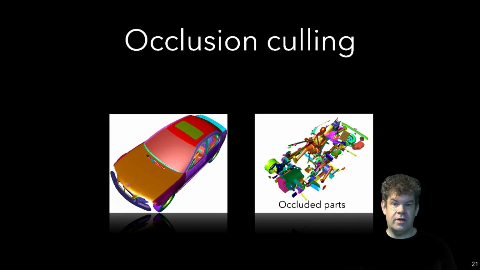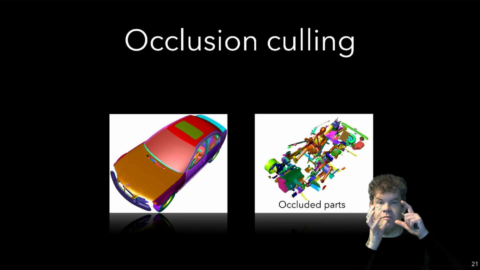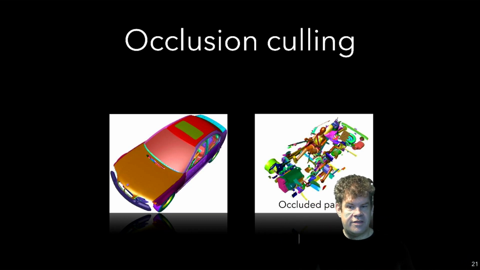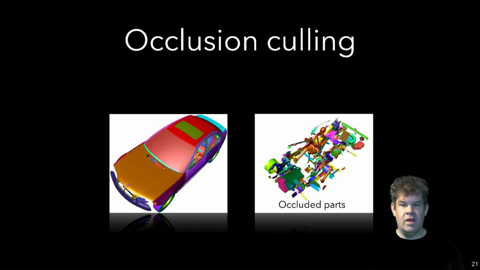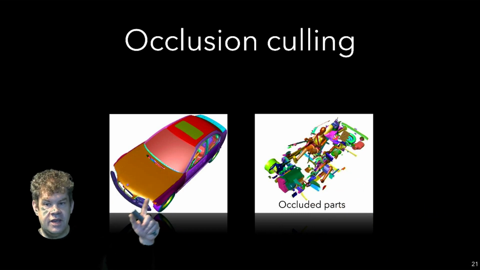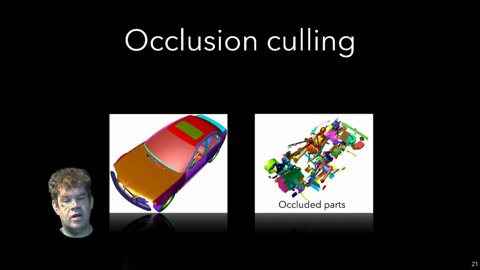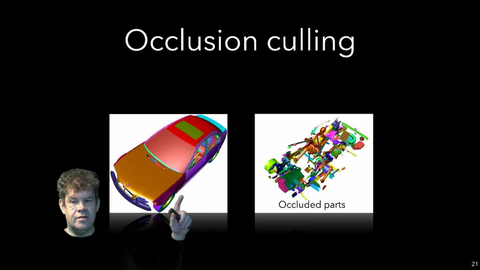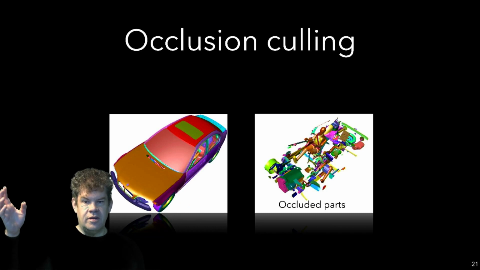Before that, I still want to cover a few other culling methods because they are built on the same acceleration structure. Another thing is occlusion culling. Let's come back to that BMW for a second. When I look at the BMW as it's visible here, with a lot of opaque parts, you will not notice that a ton of things are missing.